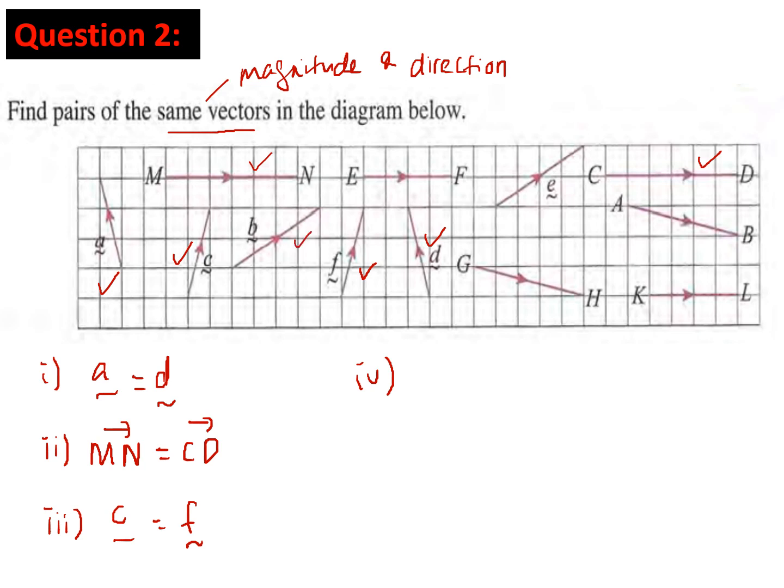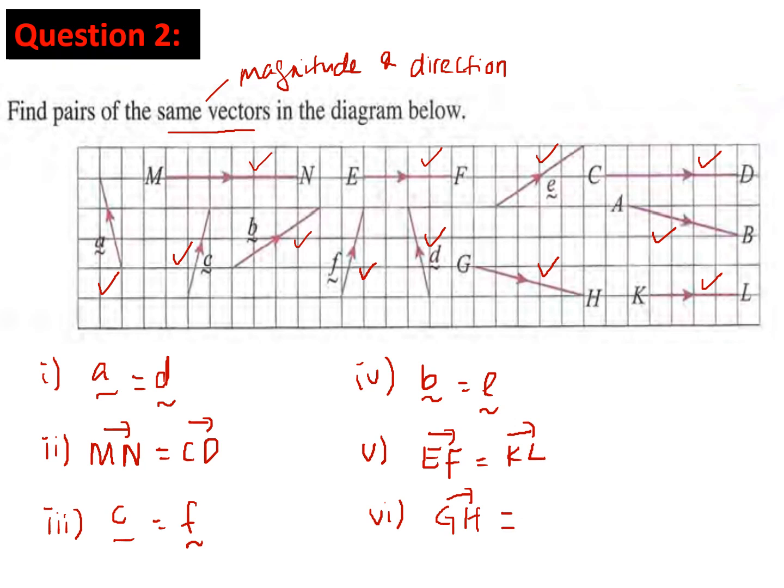Vector b is equal to vector e. Vector EF has the same length and same direction as vector KL. Vector GH has the same direction and same length as vector AB. Thus, vector GH is equal to vector AB.